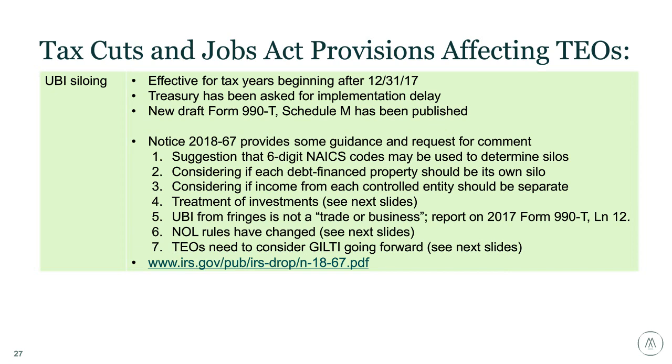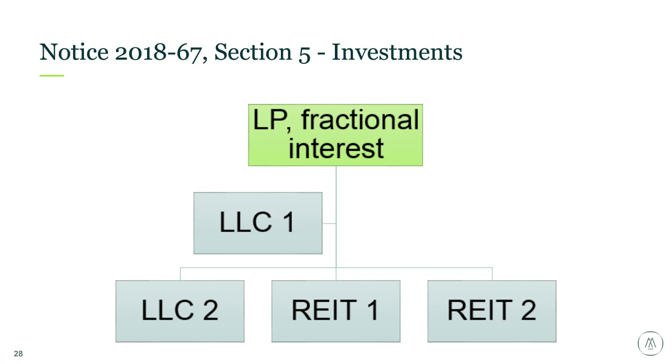Thanks so much. As if bucketing isn't complicated enough, it gets a little bit more complex when you look at your investments. For organizations that have investments in partnerships, if you're a direct partner in a partnership because of how you structure your activities, or if you have alternative investments that are partnerships, the IRS has historically treated income that flows through those K-1s that you receive as a partner, especially the trade or business activity, as though the nonprofit is directly undertaking that trade or business activity.